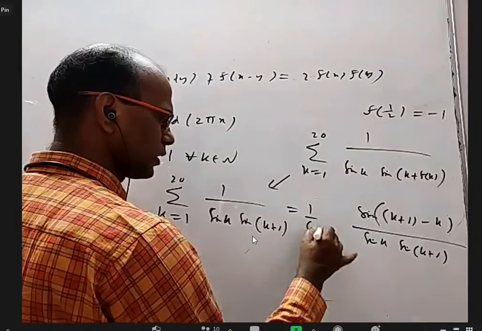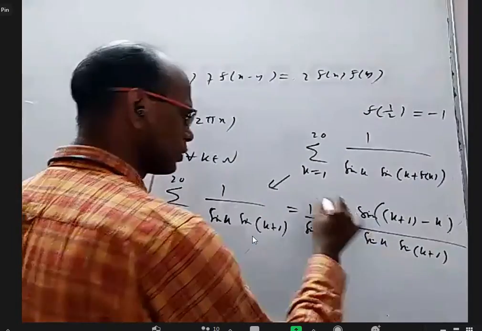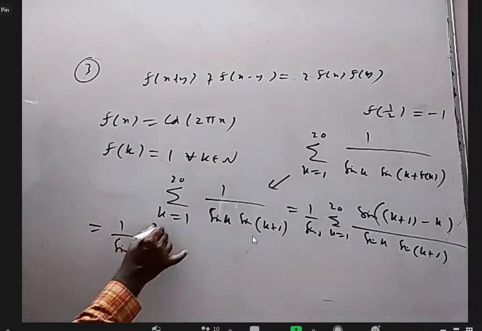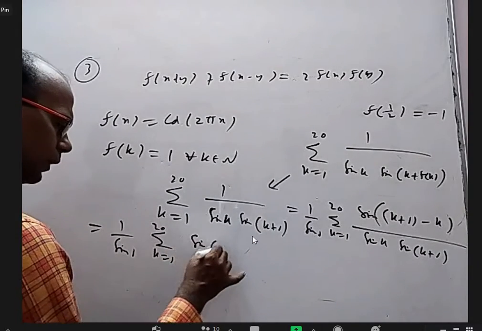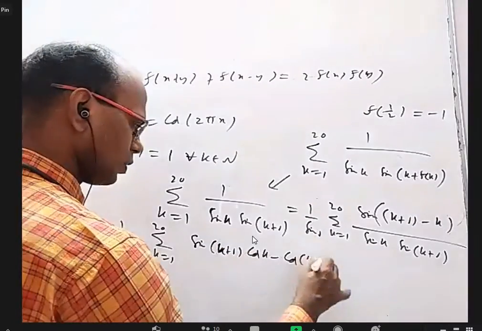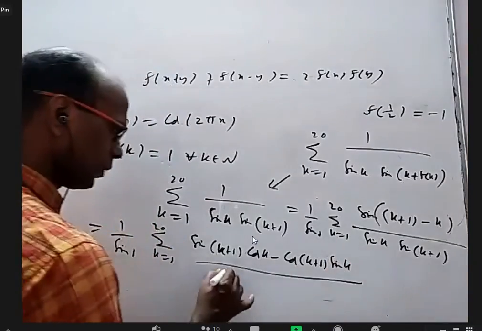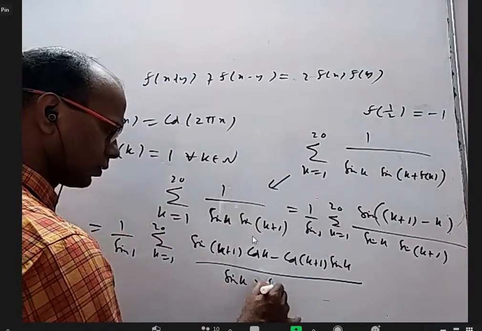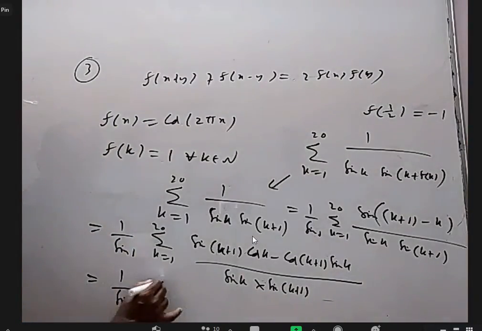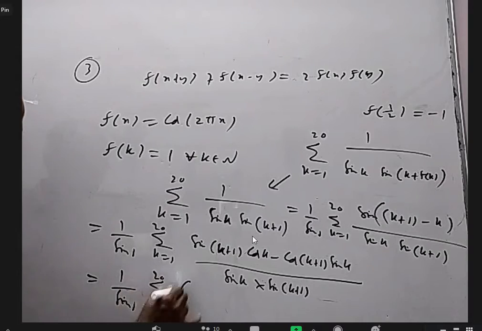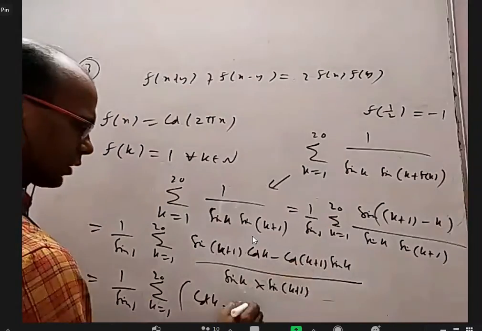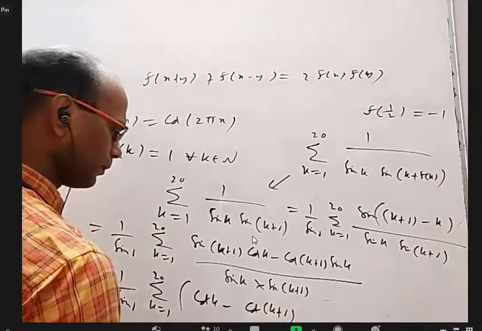So 1 by sin 1 into sigma k equal to 1 to 20 sin a minus b. Sin k plus 1 cos k minus cos k plus 1 sin k by sin k into sin k plus 1. Here I can cancel this, I'll get cot k. Here I can cancel this, I'll get cot k plus 1.